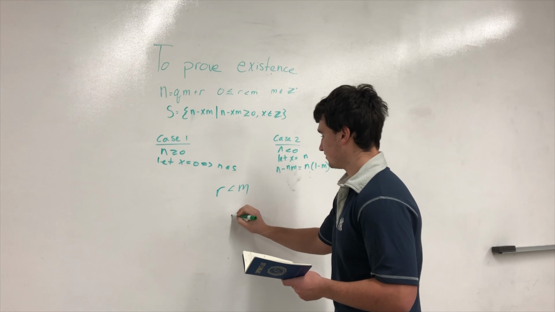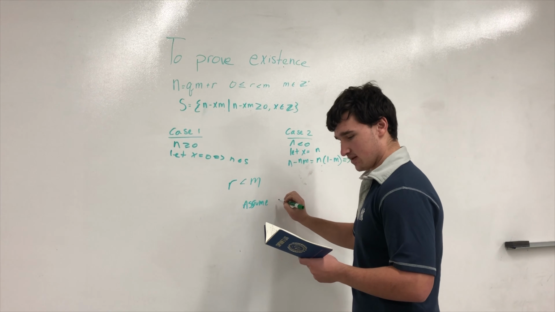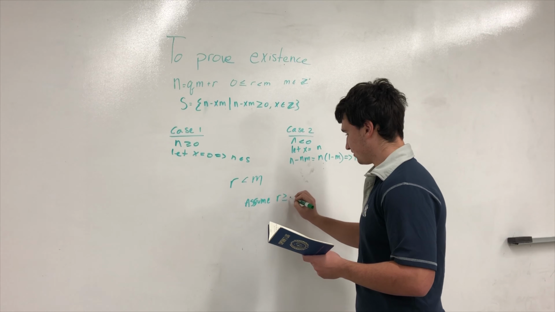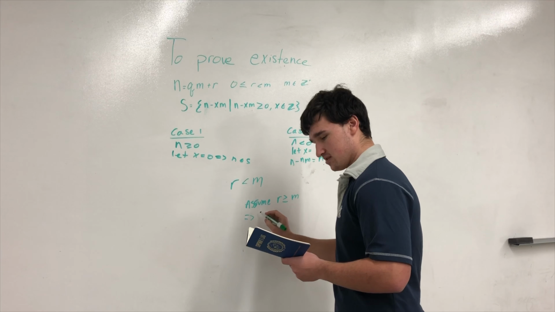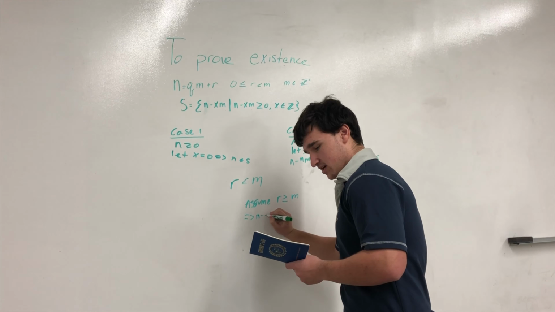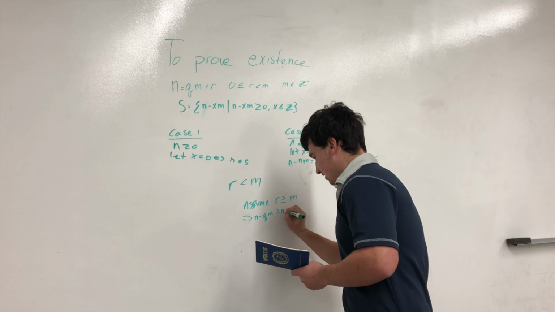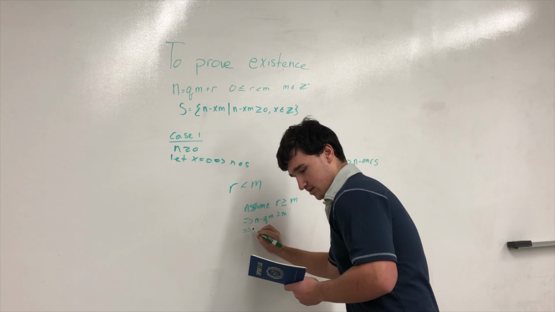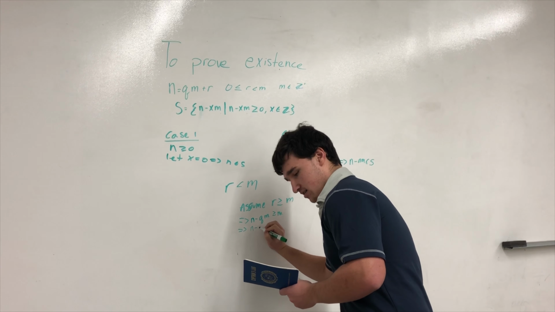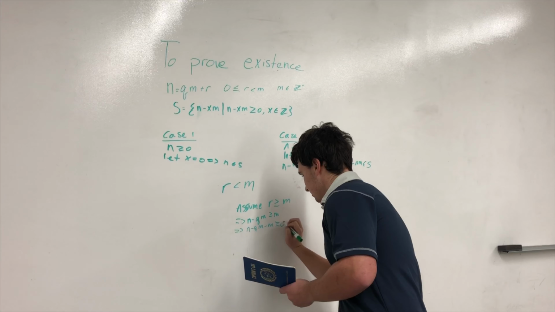So we're going to assume that r is greater than or equal to m, and this implies that n minus qm is greater than or equal to m. And now using some basic algebra, we get n minus qm minus m is greater than or equal to 0.